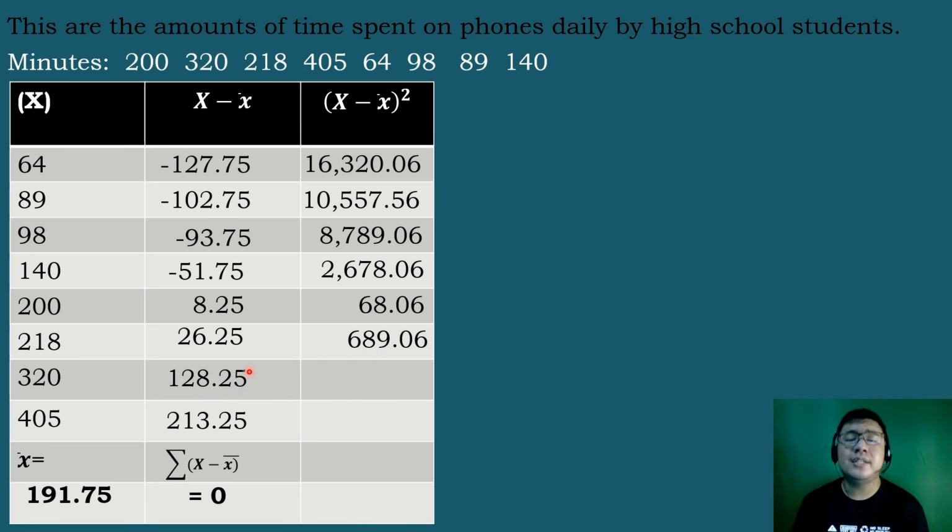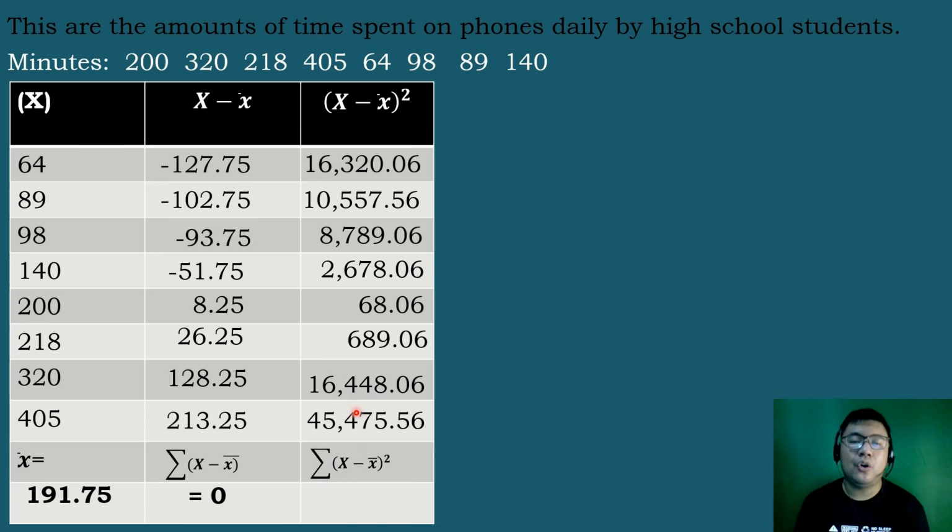128.25 raised to the second power is equal to 16,448.06. And 213.25 raised to the second power is 45,475.56. And then the next step is to get the summation of this number, the summation of the quantity each value minus the mean raised to the second power.